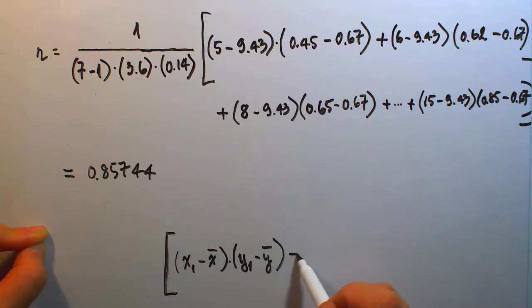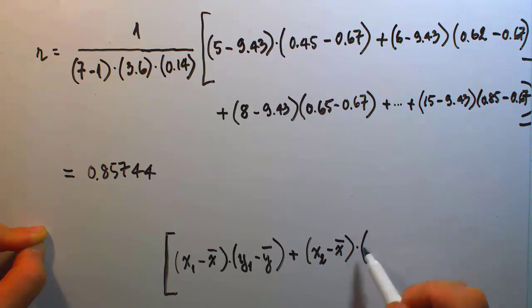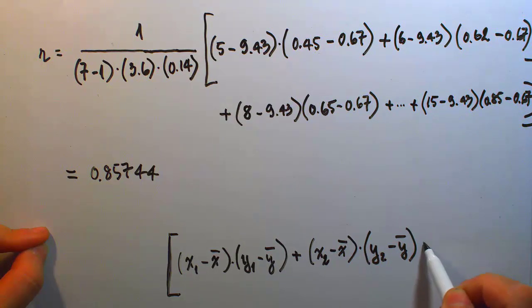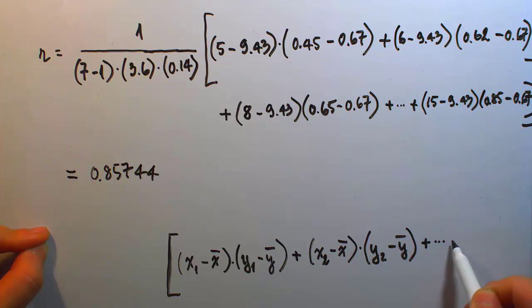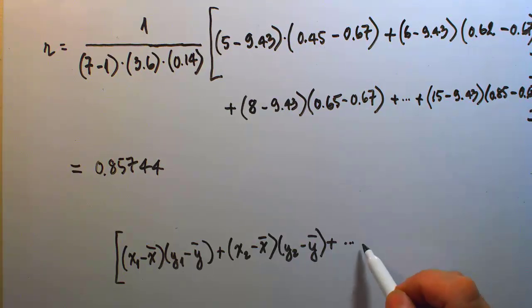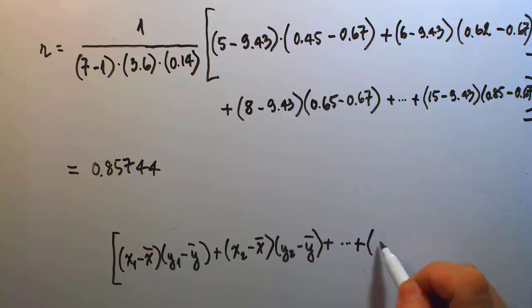And then we add the next one, my x2 in the data, subtract the mean on the x list, times my y2 minus the mean on the y list. And I repeated this until I hit the end of the list, the last data value, namely xn.